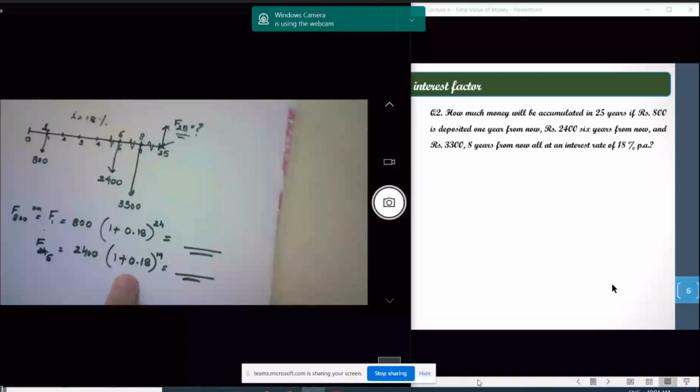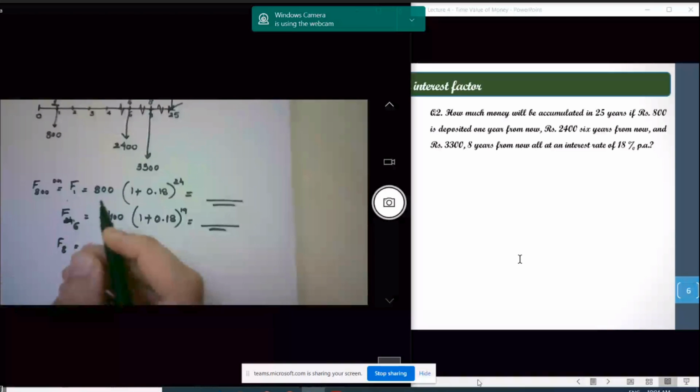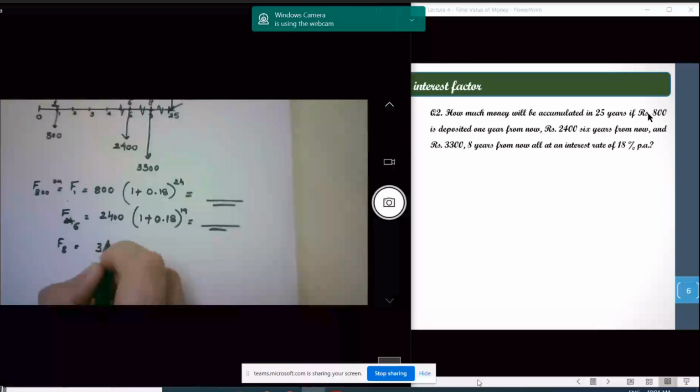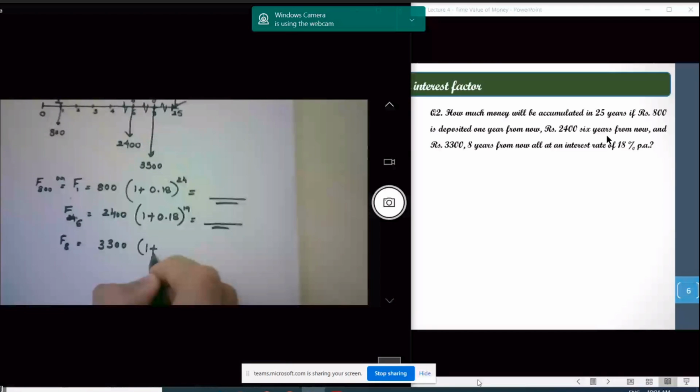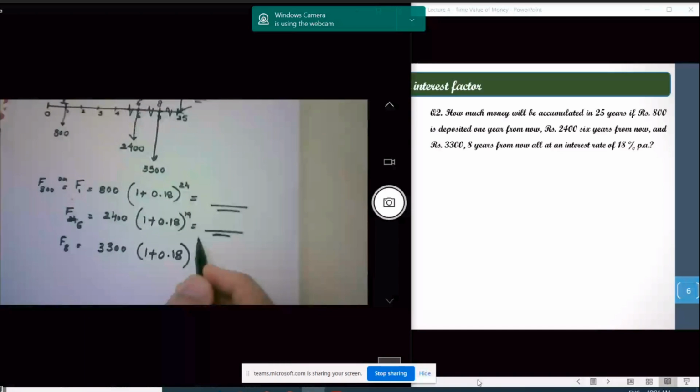Again, you have one more payment at the end of the 8th year. So F8, the value of the payment, is 3300 into 1 plus 0.18 to the power n. What is the value of n? It is how many steps we need to go to reach 25: 17.